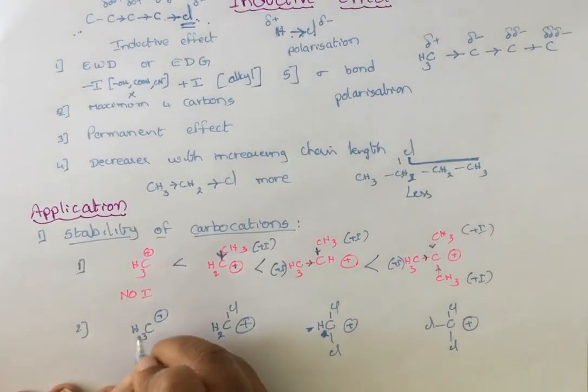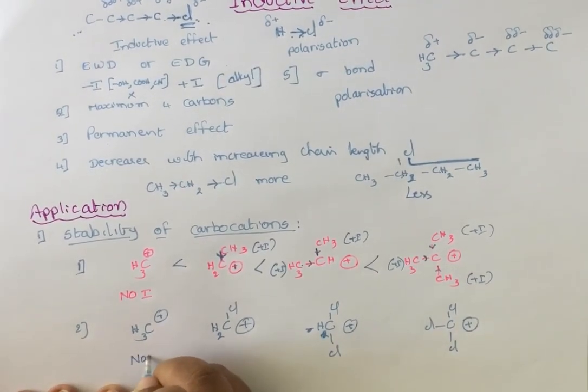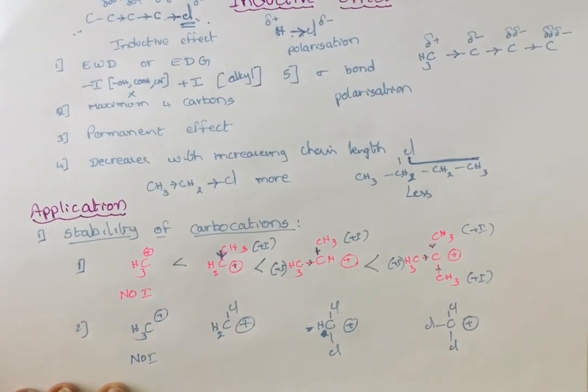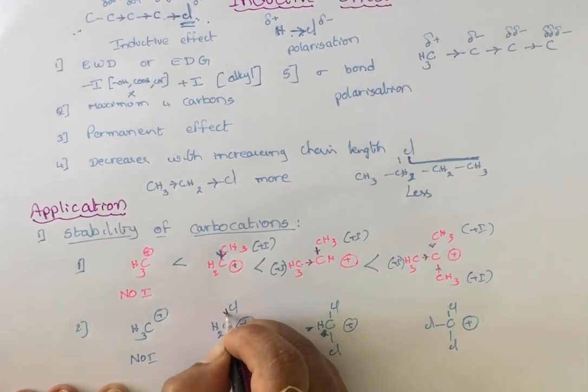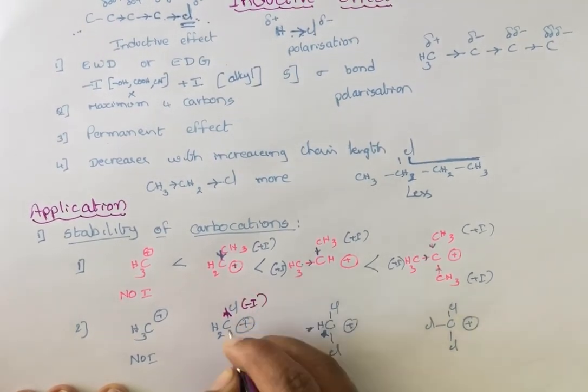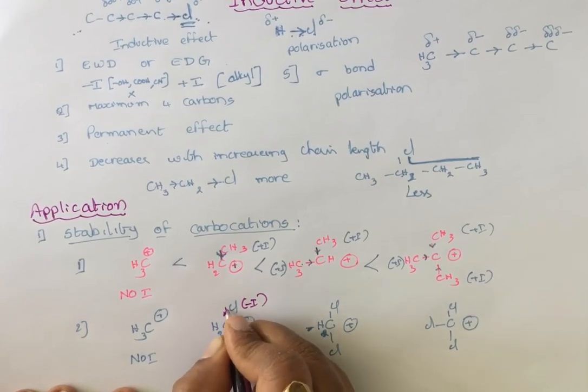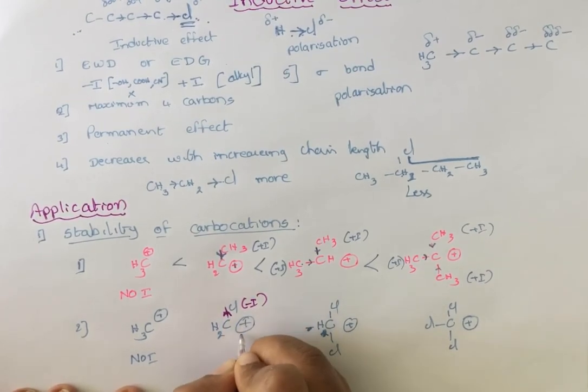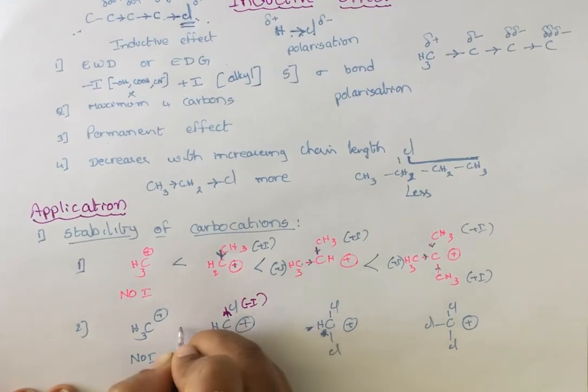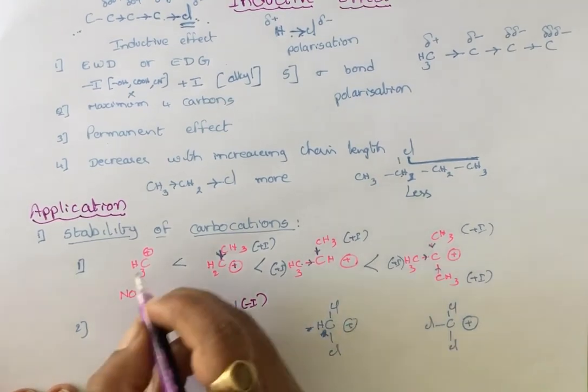In this case, you see here no I effect. But coming to this, chlorine is an electron withdrawing group. So minus I effect means it is already electron deficient, and further it is taking the electrons towards itself. That means the charge on the carbocation will increase further. So stability decreases.